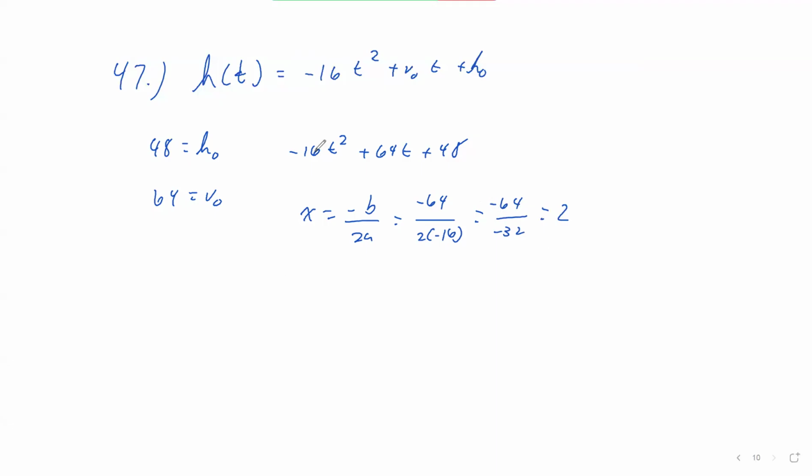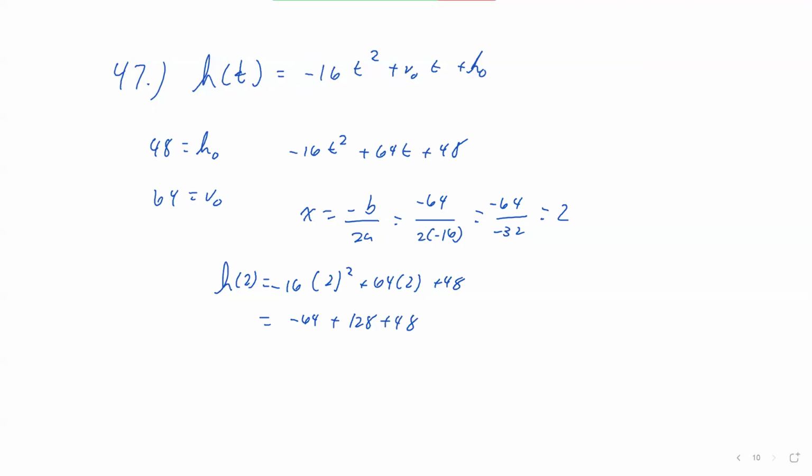So now I've got to take that and plug it in. So what is the height at 2 seconds? So that'd be negative 16 times 2 squared plus 64 times 2 plus 48. So that's going to be 4 times negative 16, which is negative 64. So that's negative 64 plus 128 plus 48.